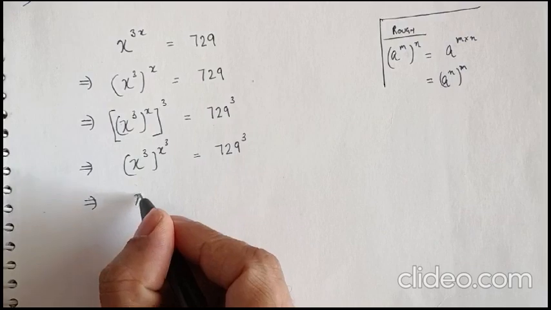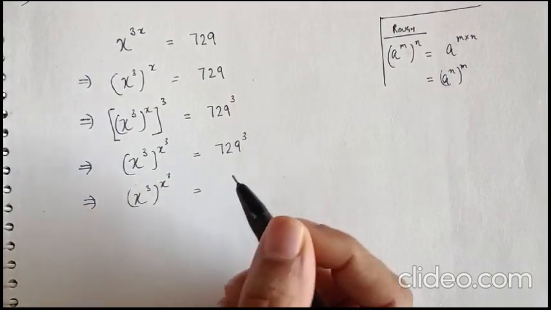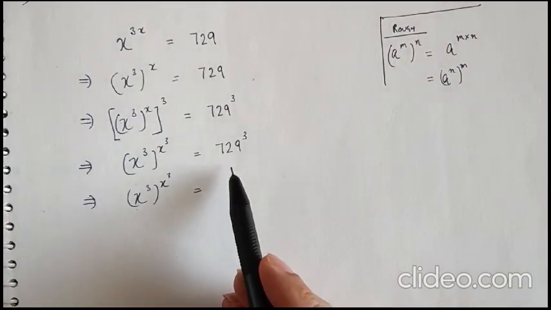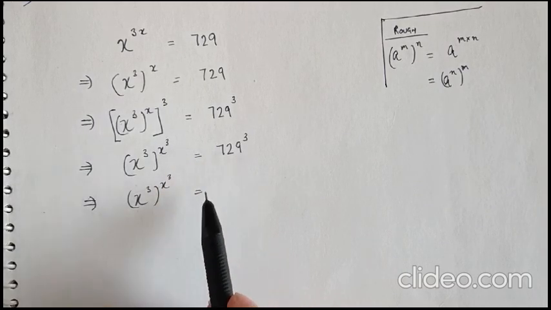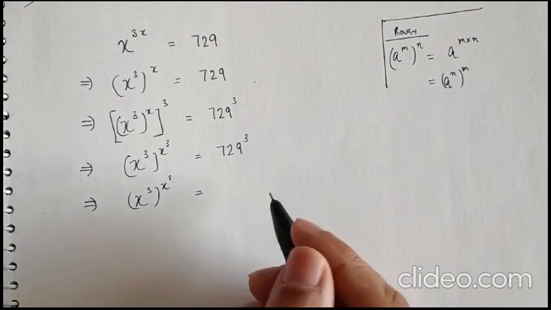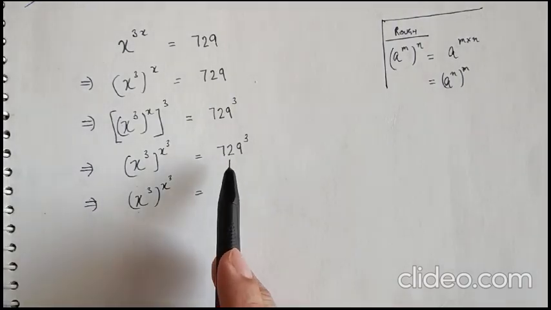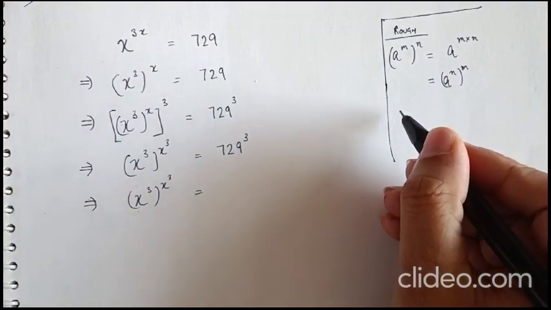This means x to the power of 3 to the power of x to the power of 3 is equal to, now what we have to do is we need to find something here which will match our left hand side. So what do I imply by that? Let us just find out. Now 729, right? So let's go to what is 729.